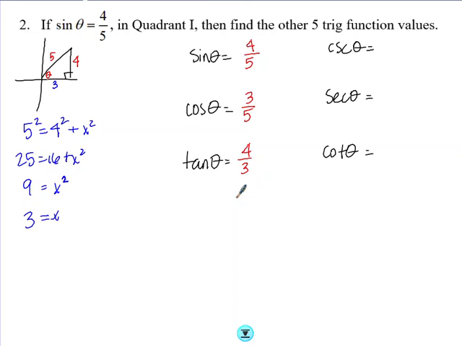Now, I purposely wrote cosecant of theta next to sine of theta, secant of theta next to cosine of theta, and cotangent of theta next to tangent of theta. That way they are paired up with their reciprocal functions. Now, to find the last 3 trig functions, all I have to do is take the reciprocal of the values we've already found. So cosecant of theta is 5 over 4, secant of theta is 5 over 3, and cotangent of theta is 3 over 4.